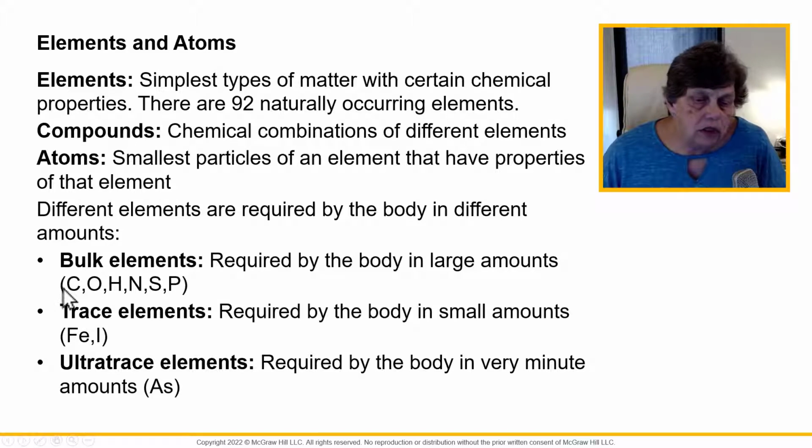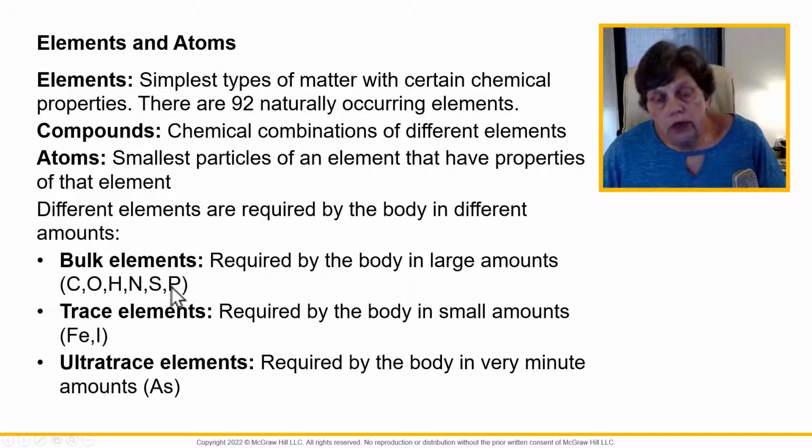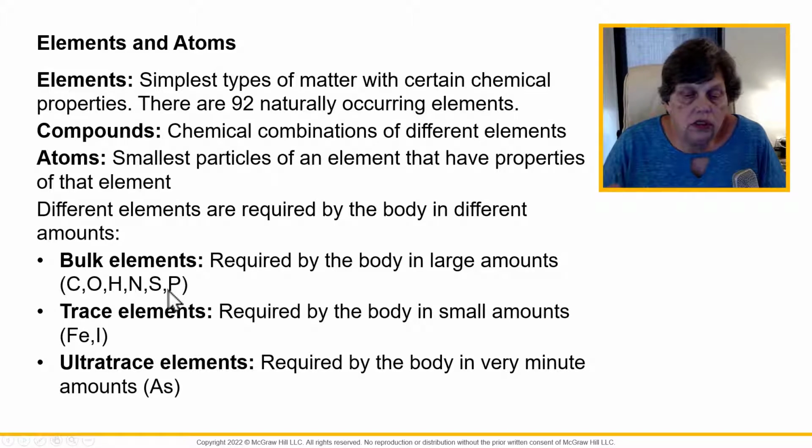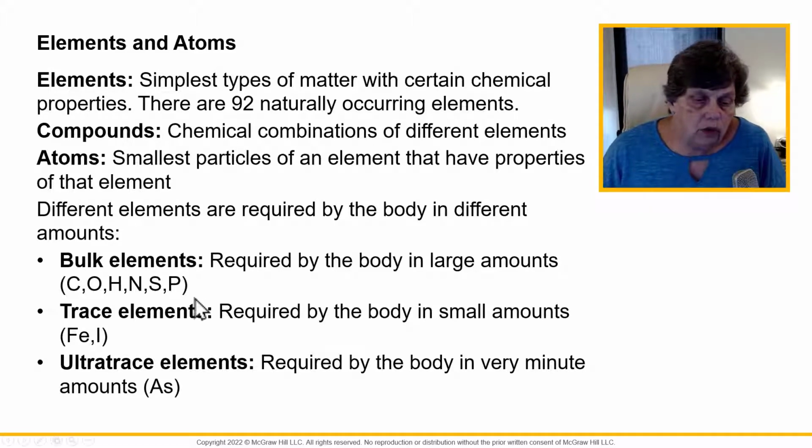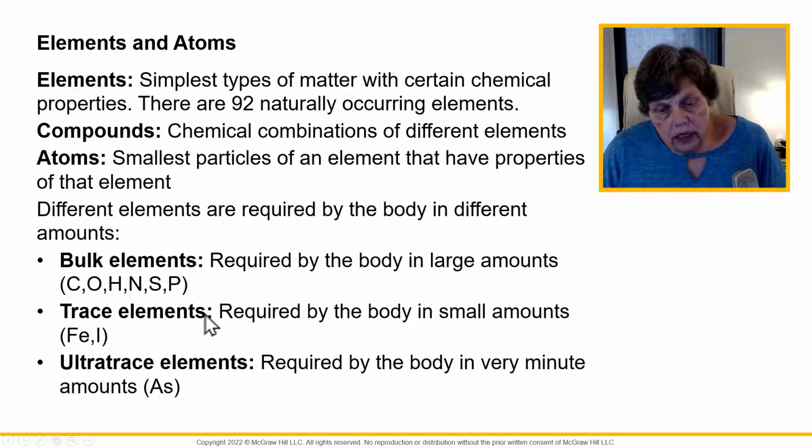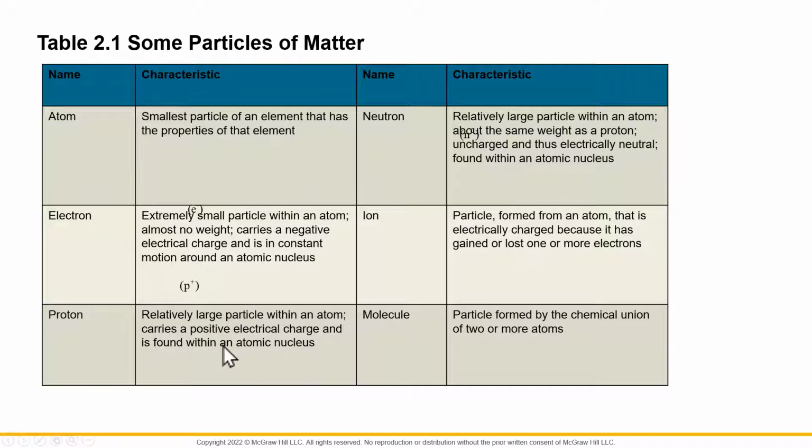The main ones are what we call CHONPS: carbon, hydrogen, oxygen, nitrogen, and then also sulfur and phosphorus. If you see these initials, that is the chemical symbol and tells us what that is. Then we have trace elements that we require in small amounts, such as iron and iodine, and ultra trace elements that we only need tiny amounts of.